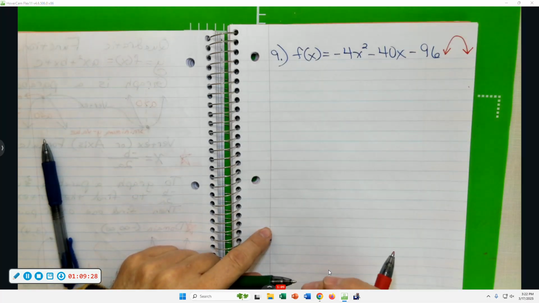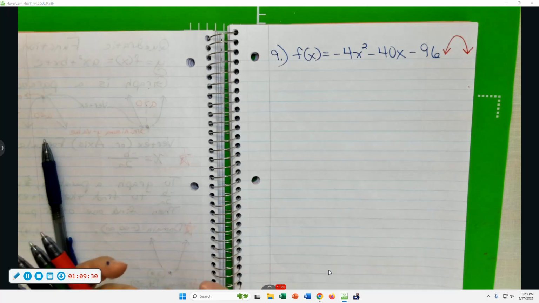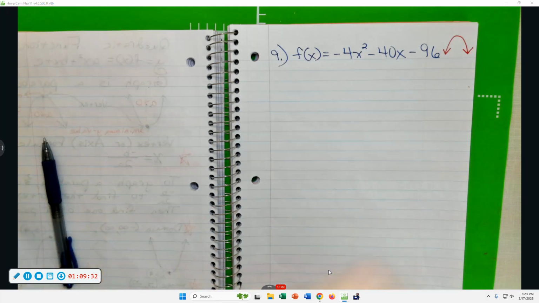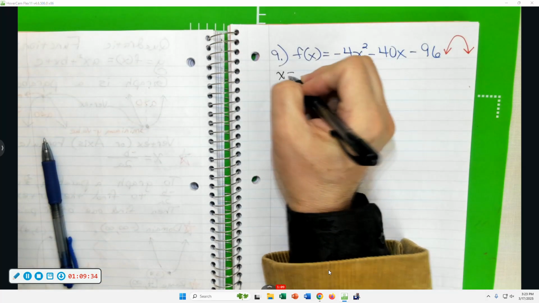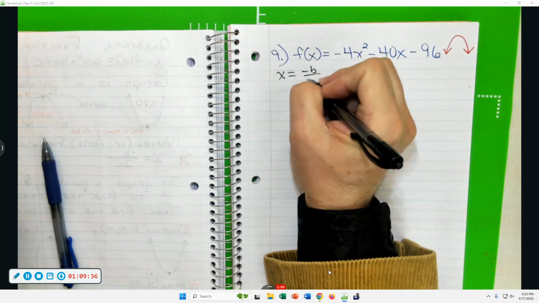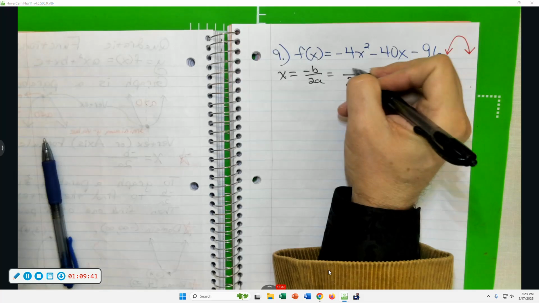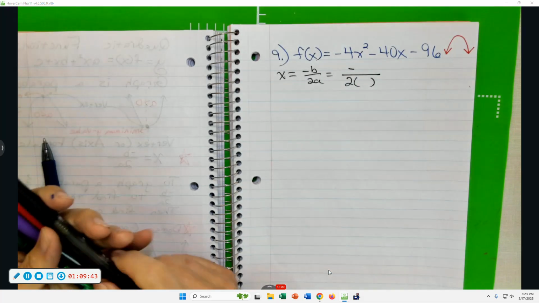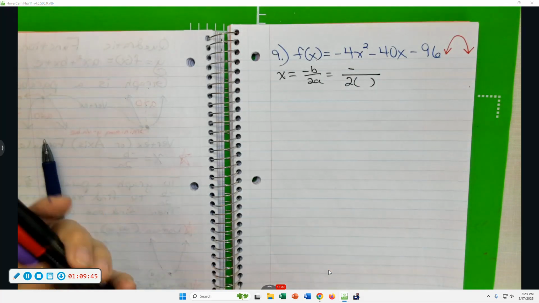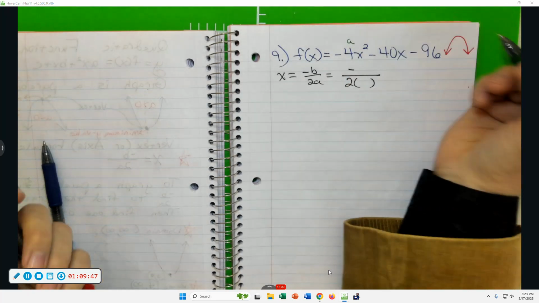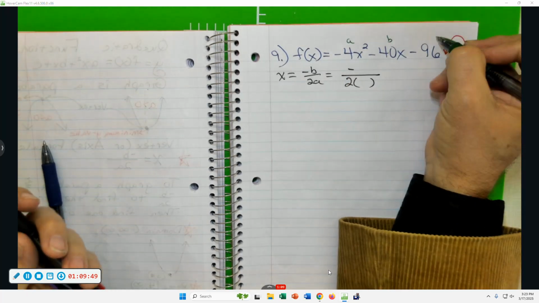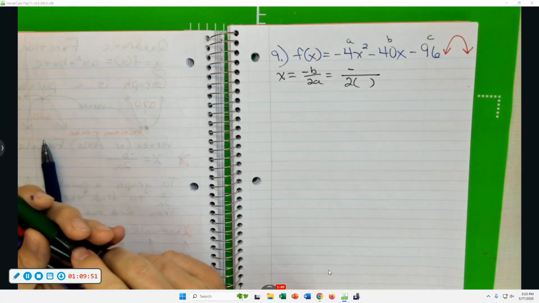Let's determine the location of the vertex using our little vertex formula, x equals negative b over 2a. Remember, a is the number in front of x squared, b is the number in front of x, and c is that constant.